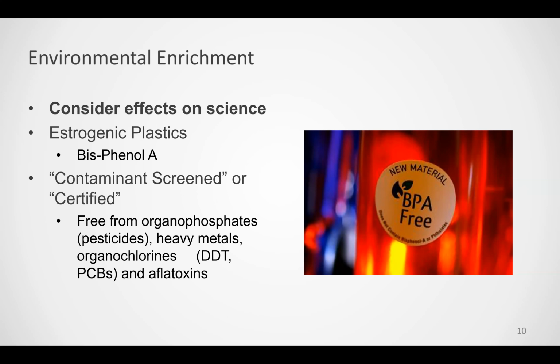For certain studies, for example, good lab practices studies, all of those enrichment devices that are put into an animal's cage have to be certified. And certified can be free from organophosphates, heavy metals, organochlorines, aflatoxins, all types of things. So they'll tell you what they're certified for. They're bought from commercial industry that actually specifically makes those items. They can also be contaminant screened.